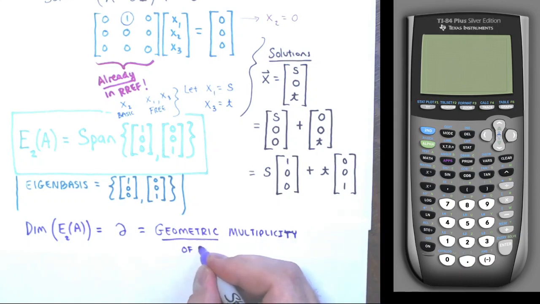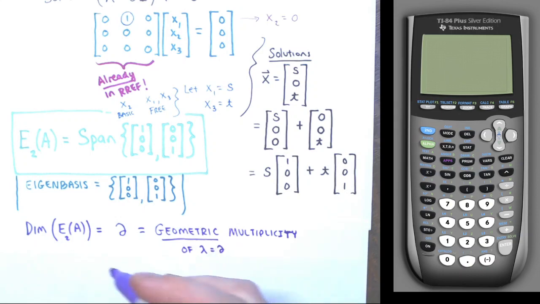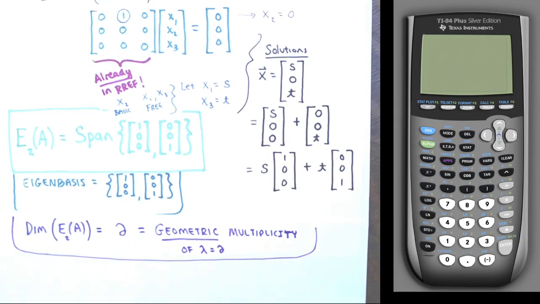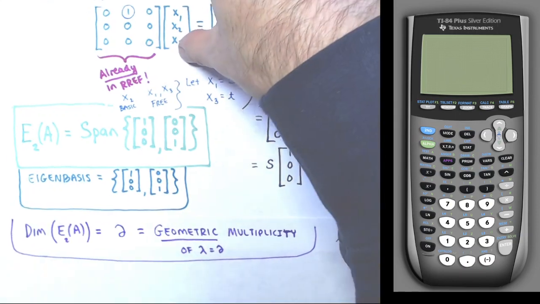Of lambda equals 2, of that particular eigenvalue. Let's test that statement I said earlier. Remember, the geometric multiplicity should be less than or equal to the algebraic multiplicity.